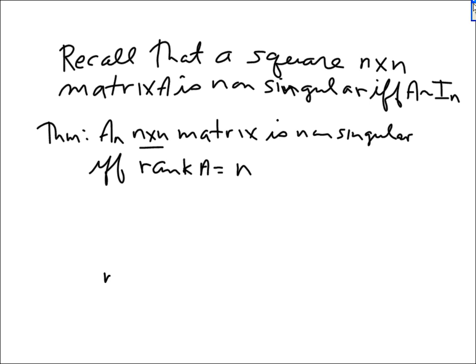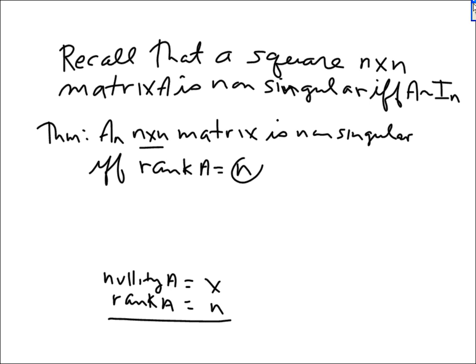Okay, because remember, the nullity of A, which I'll call unknown, plus the rank of A, which is n. Well, when I add the right sides, I get n plus x. When I add the left side, I get the nullity of A plus the rank of A.